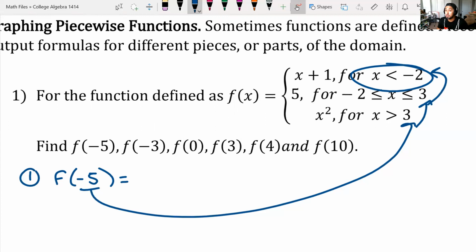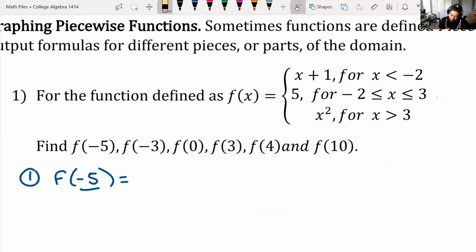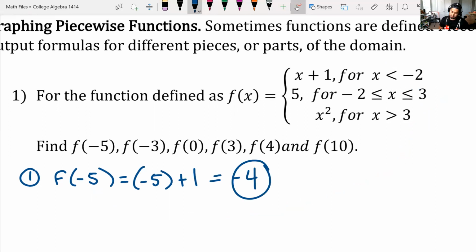Of course it is. And since -5 is less than -2, we get to use the function x plus 1. And we're going to plug in -5 for x. All right. Which means you'll have -5 plus 1, which will give us -4.